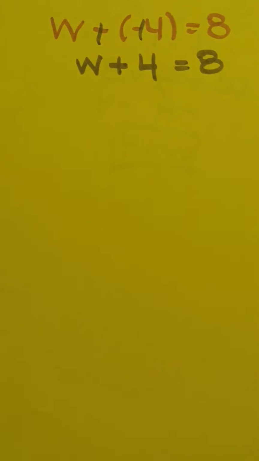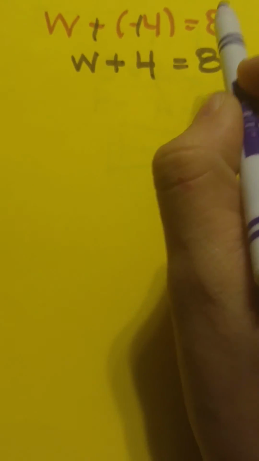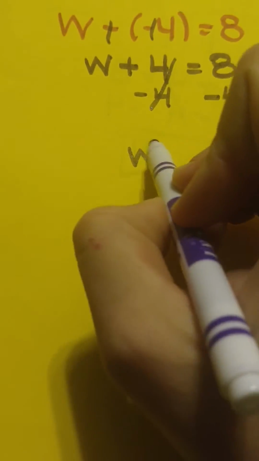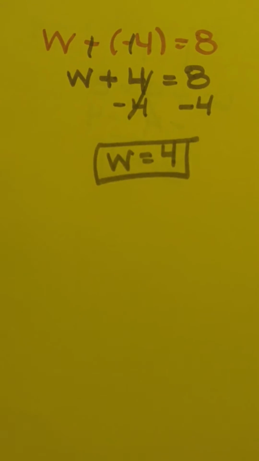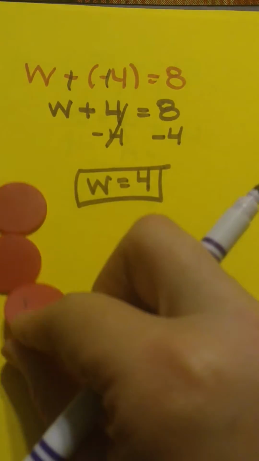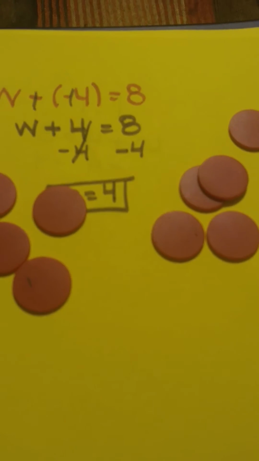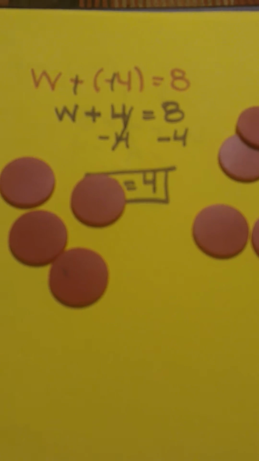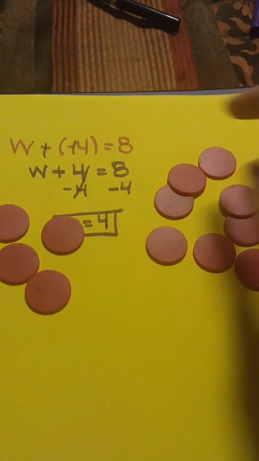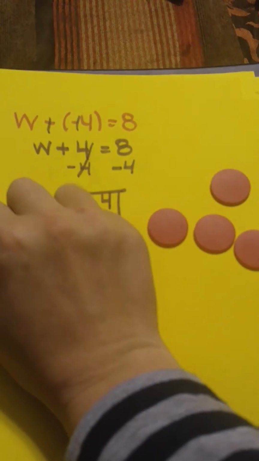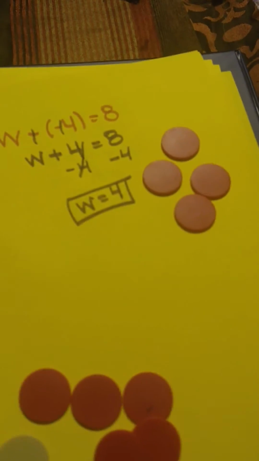I subtracted, meaning that I need to figure out what units are left over when I take away the 4 that I already know are part of it. 4 units are left over, meaning that I had 4 on this side, I had 8 on this side, and I wanted to figure out if I took away the 4 units that I already know are part of it, what is left over? 4.